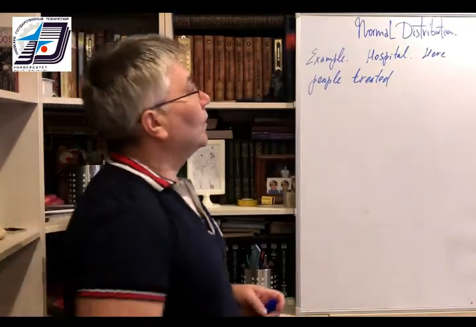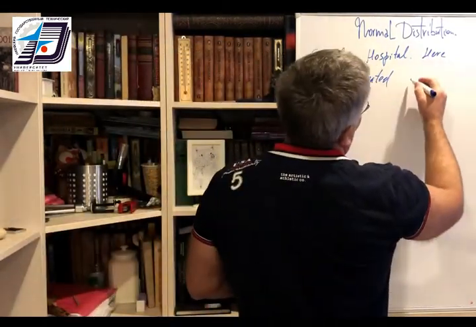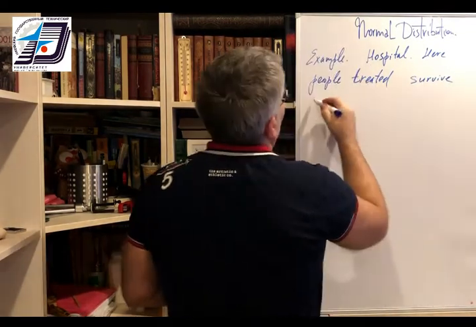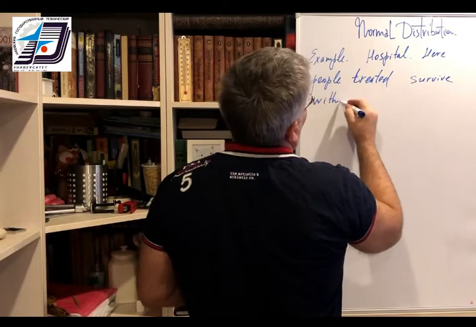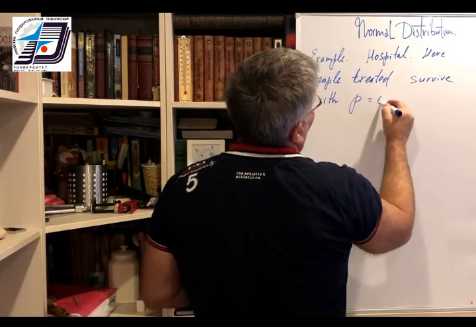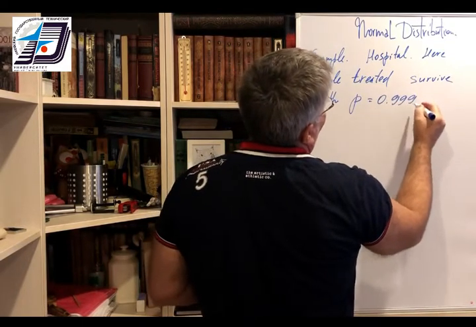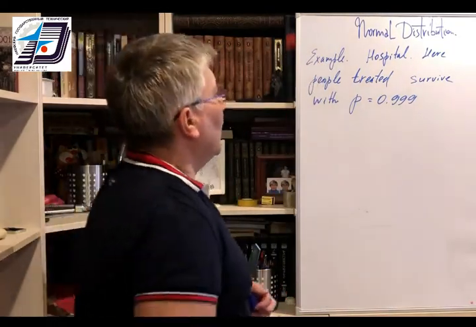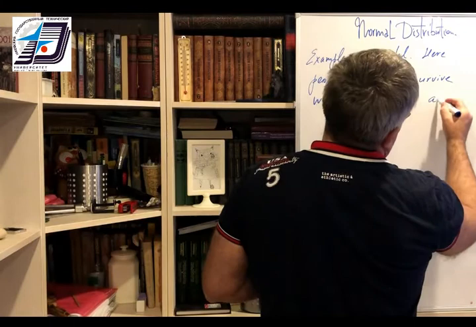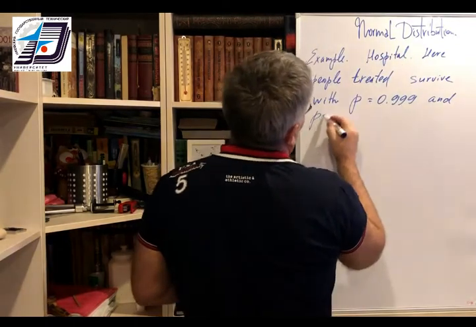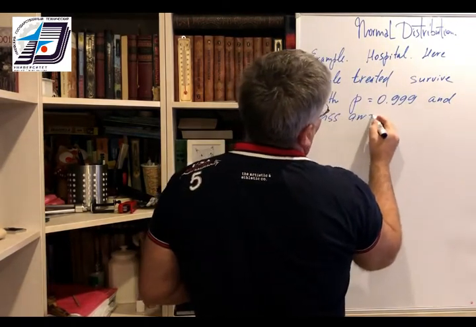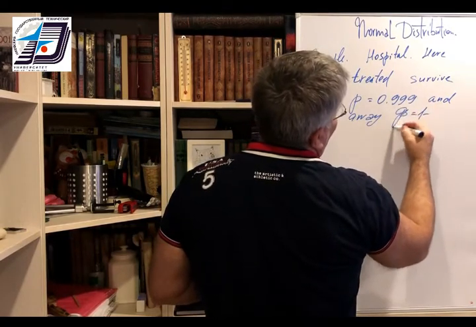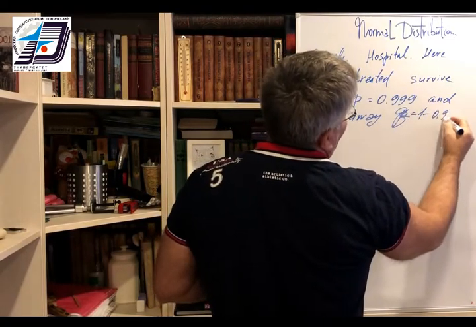People treated survive with probability equal, and they pass away with this probability, consequently 1 minus it, which I denote like Q, 0.999.